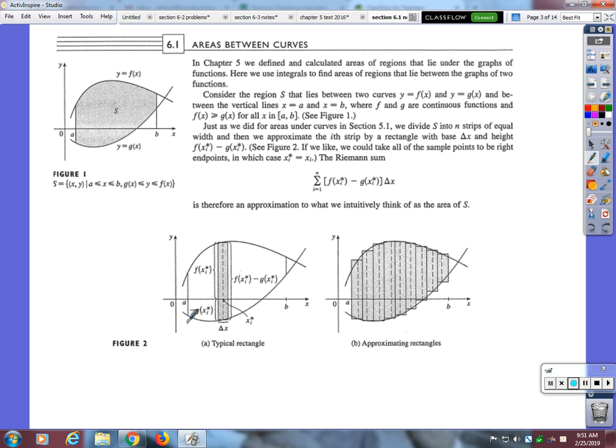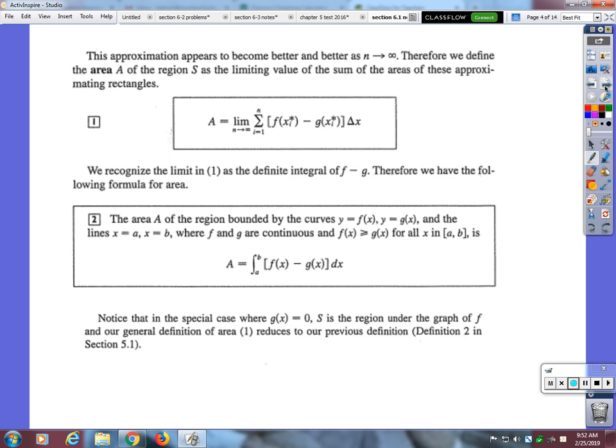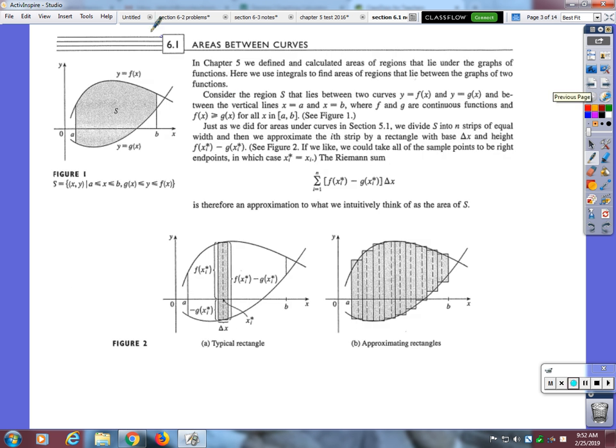If we want to instead find the area between this curve and another curve right there, all we have to do is subtract top curve minus bottom curve. It doesn't even matter if they're both above the x-axis, because that should kind of make sense to you.